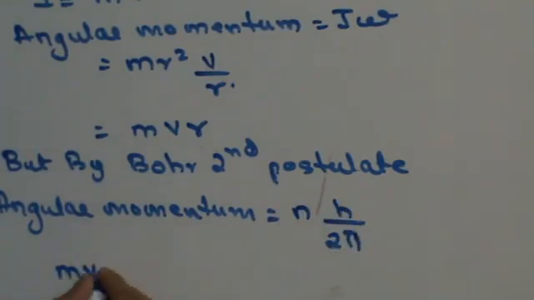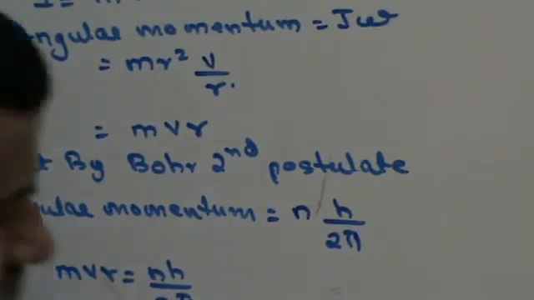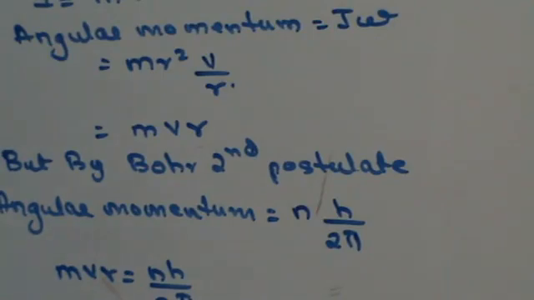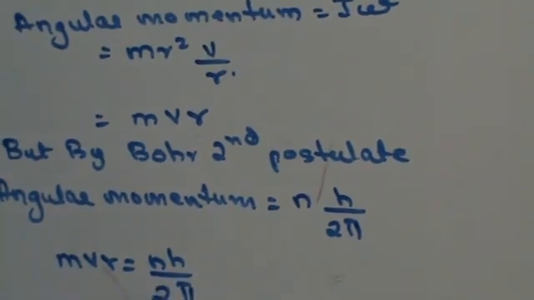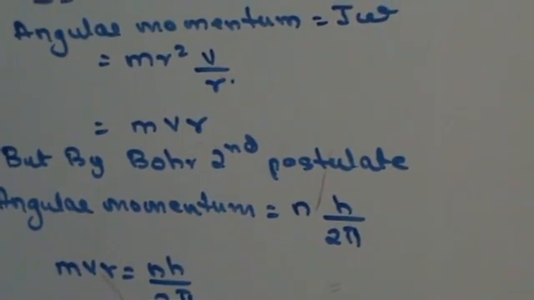That means mvr is equal to nh by 2 pi. That's my equation for the second postulate of Bohr's theory. These orbits where the electron can revolve without absorbing or radiating energy are called stationary orbits.